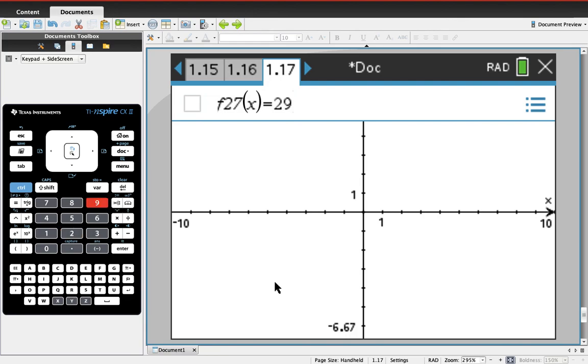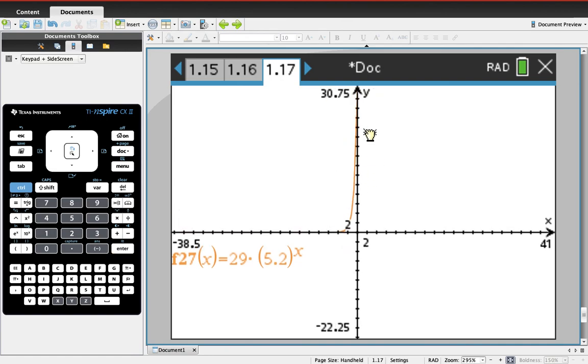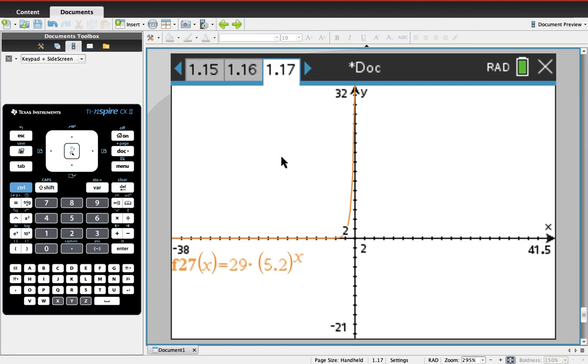And we're going to say 29 multiplied by 5.2, close parentheses, to the power of x. So I'm going to look. I don't see it yet. Well, it looks like my graph is getting kind of crazy there as I zoomed out a little.